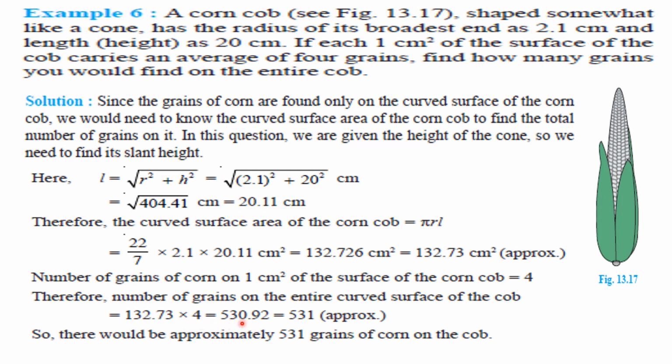So here also we have to find the approximate value of this number. That is equal to 531. So 531 grains will be there on the entire corn cob. So there would be approximately 531 grains of corn on the cob. Understood the solution of this example, my children? Right.